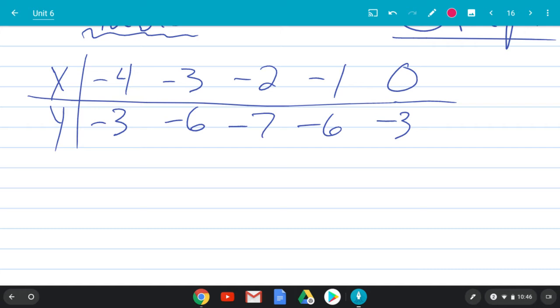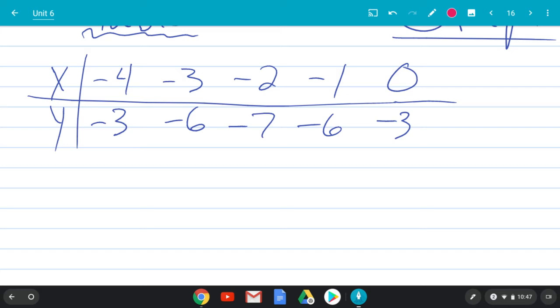Why? Ashlyn? So, because every time the x goes down, the y goes down and then. Okay, you're saying the same thing that Skylar did. Go ahead, Skylar. So it's not like a constant increase or decrease. Good. When we talked in chapter 2, we had to have a constant rate of change. Remember, we found the difference between these.